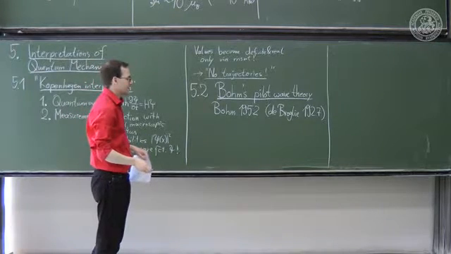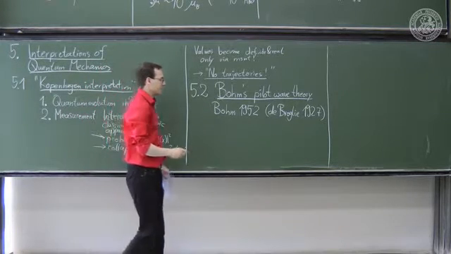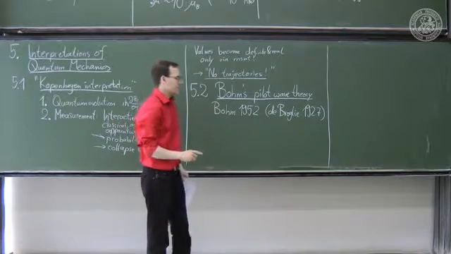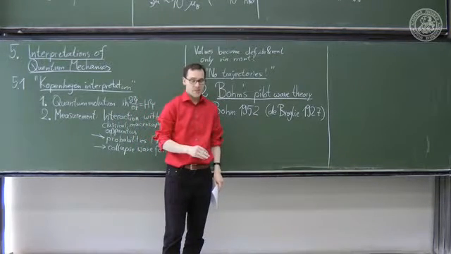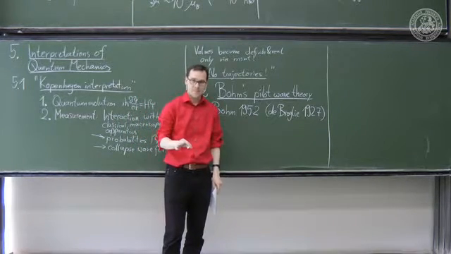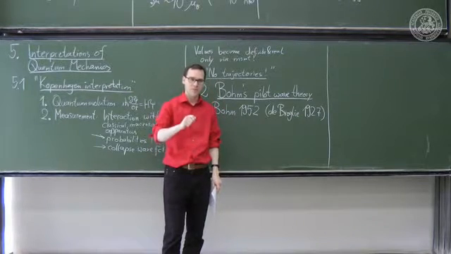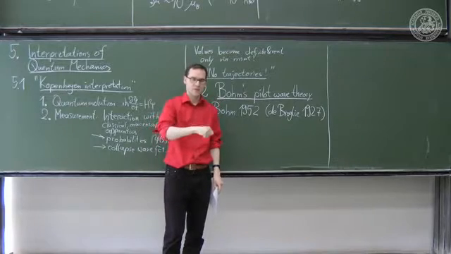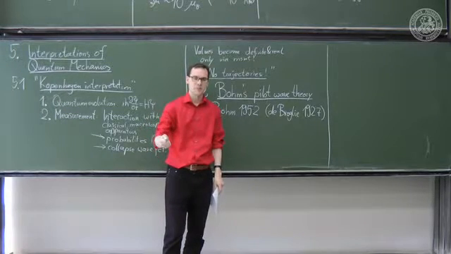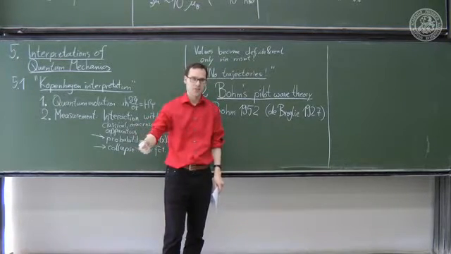Now, what is the basic idea? We still need the Schrödinger equation. We still need the wave function, but we still want to have a definite position of our given particle at any moment in time. And so we want to have a trajectory.